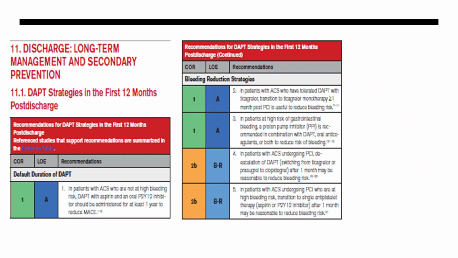In patients with ACS who have tolerated DAPT with ticagrelor, transition to ticagrelor monotherapy greater than or equal to 1 month post-PCI is useful to reduce bleeding risk. In patients at high risk of GI bleeding, a PPI is recommended in combination with DAPT, oral anticoagulants, or both to reduce risk of bleeding.